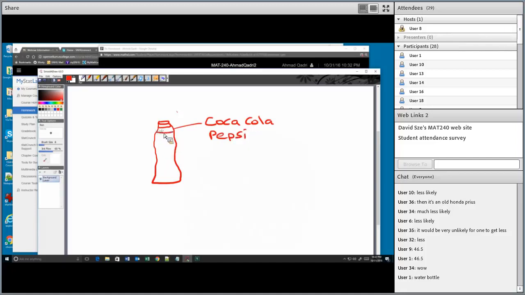What they do is when they fill up the bottle with the liquid, if I zoom into the fill level, this is what's happening.